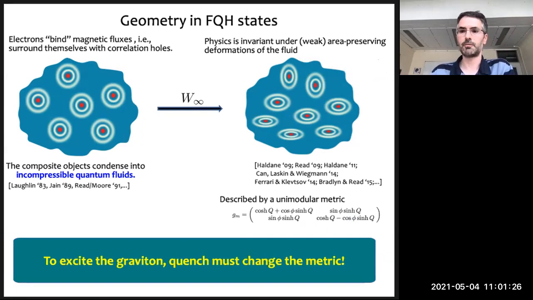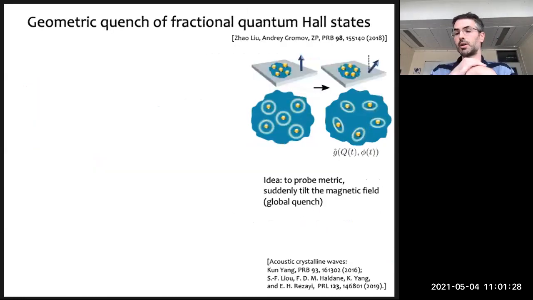So the idea that we followed is actually quite simple, and we called it geometric quench. So it goes back to, I guess, the first idea along these lines was given in Kun Yang's paper a few years back, and then there are also more recent follow-up works by them. But the way we implemented this is just you take a quantum Hall fluid, which is normally in a perpendicular magnetic field, and then you just suddenly slightly tilt that magnetic field away from the normal direction, okay?